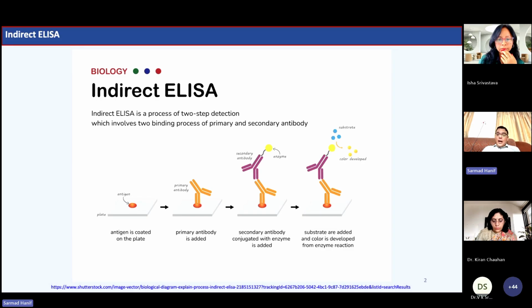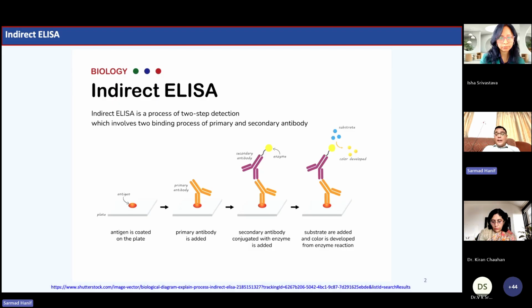So if I just talk about the principle, the antigen is bound to the primary antibody, to which the secondary antibody is bound, which is linked to the enzyme, and then the substrate is put, which gives you a color change. The more primary antibody there is, the higher the chances that the secondary antibody will be bound to it, and the more the color change because the enzyme will be more.